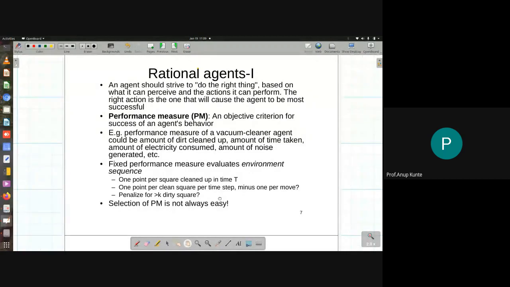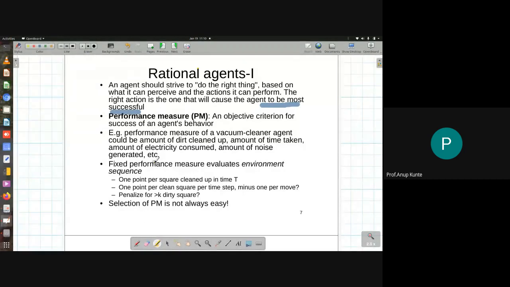The agent should strive to do the right thing. We saw this, based on what it can perceive and the action it can perform. The right action is the one that will cause the agent to be most successful. This is most important. What do you call the right action? An action that will make you, as an agent, most successful, that will be the right action.